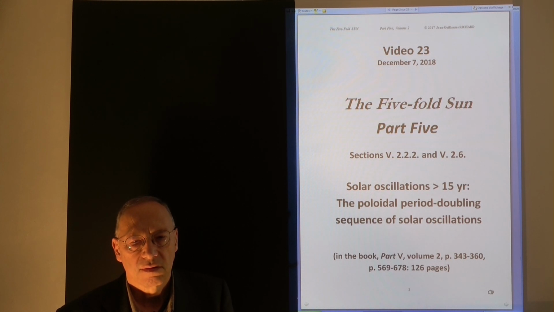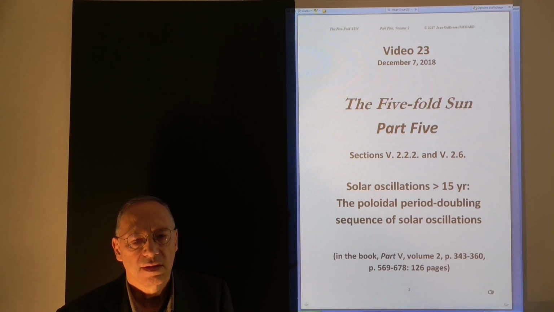Part of this sequence of so-called poloidal oscillations in fact remains speculative in nature. I would have liked not to have to introduce such a level of complexity in the set of detected solar oscillations that was found during the Fivefold Sun project.